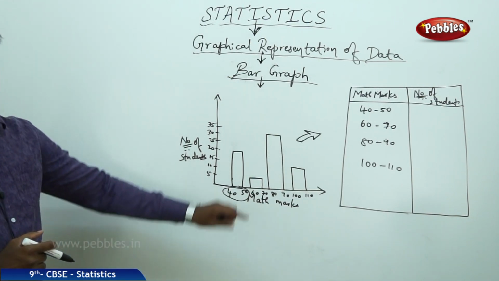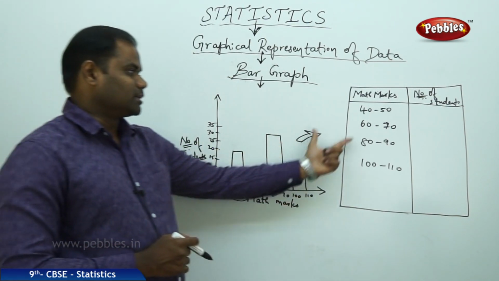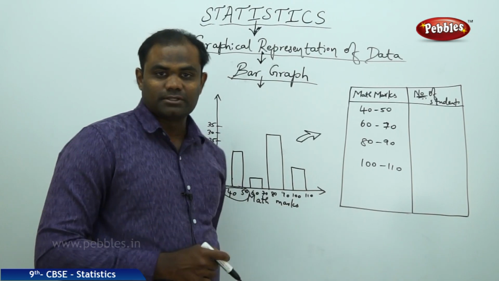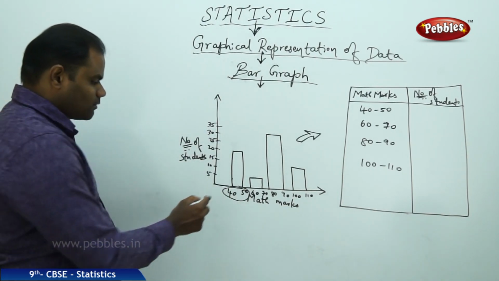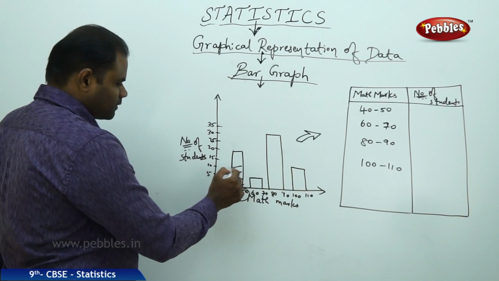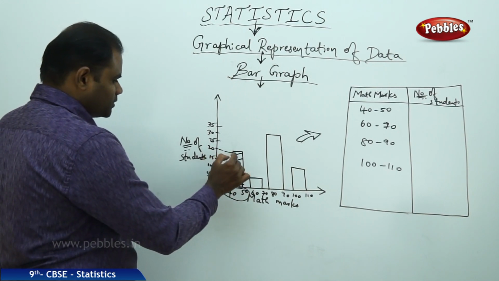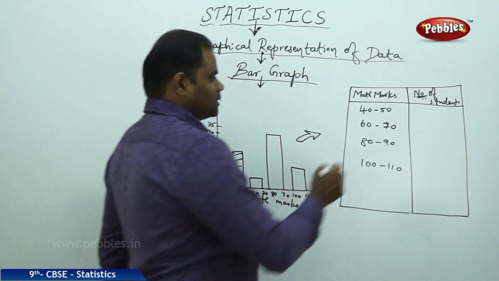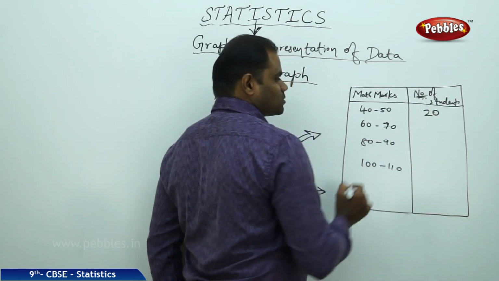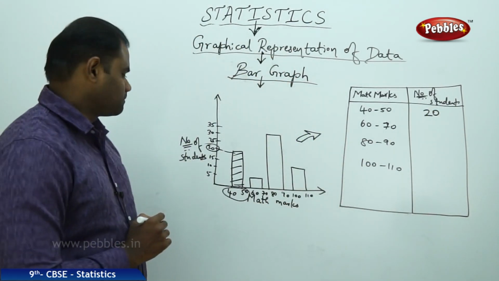So for example, this is an example graph which I understand through the frequency table. So the number of students who got marks between 40 and 50 is an elevated bar which reaches up to the value 20. That means there are 20 students who got marks between 40 to 50.